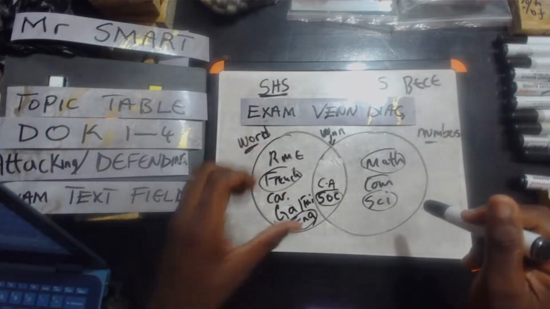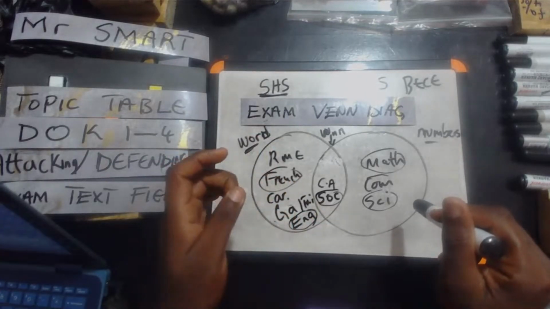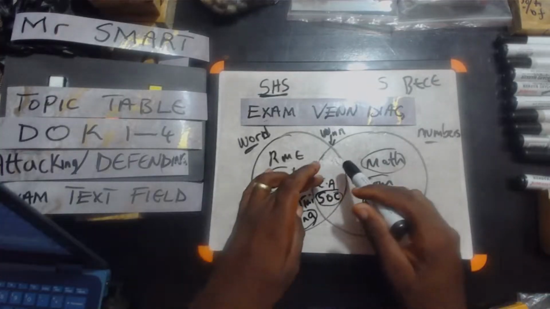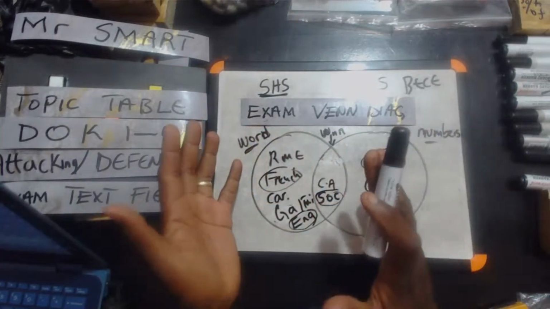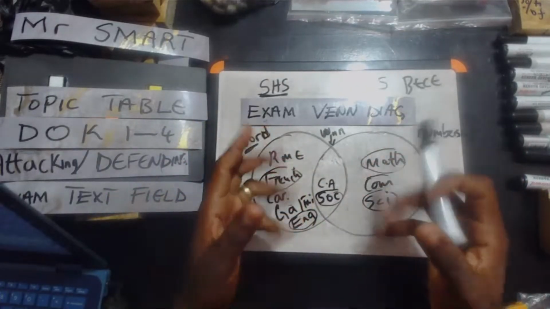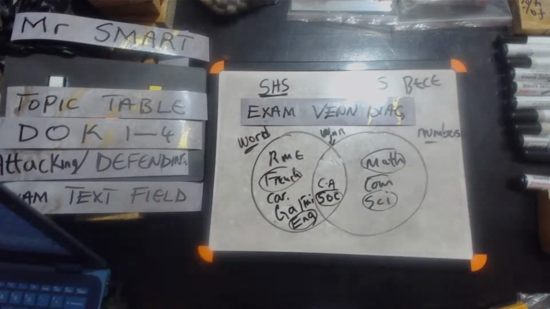They are heavily marked with words. Social studies and CA, creative art. Yes, creative art is a mix of math, the number, and words, and practical work. So we'll just put it in the middle here.